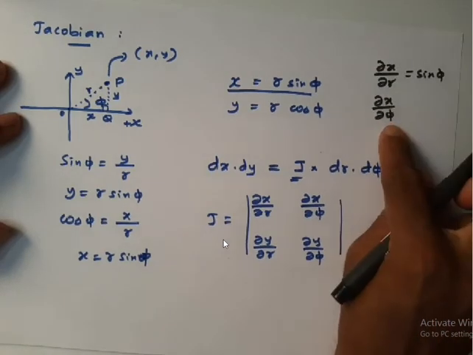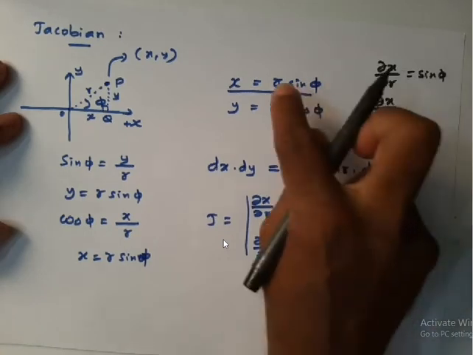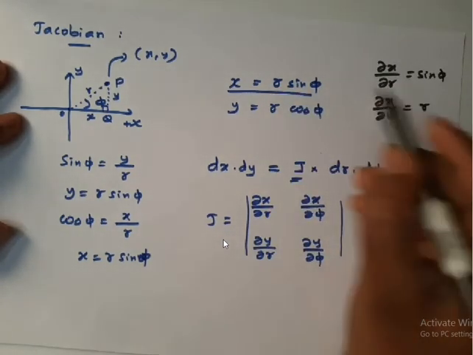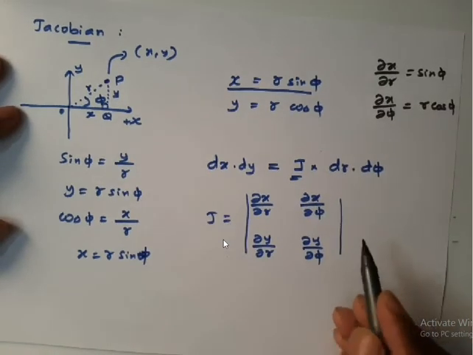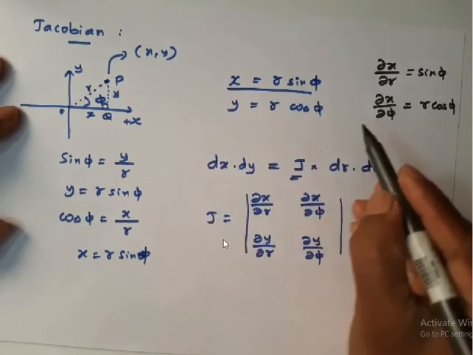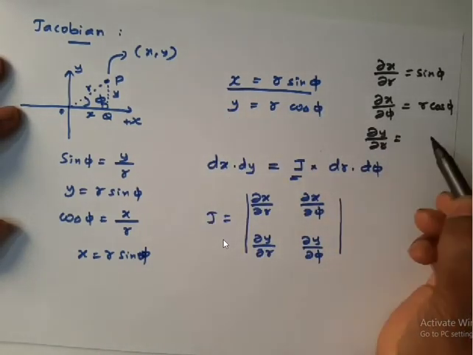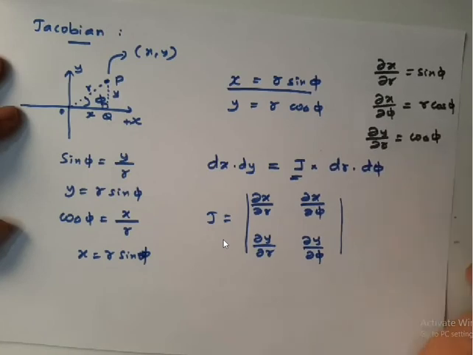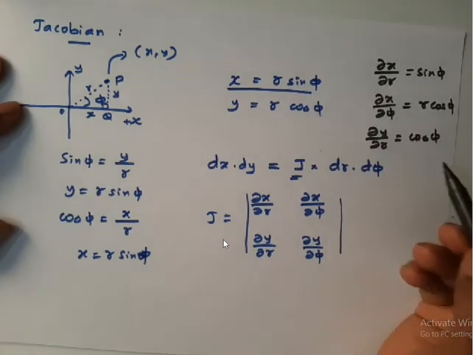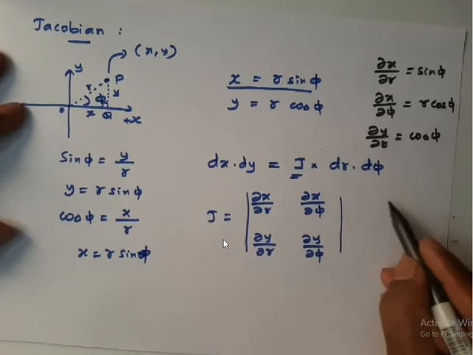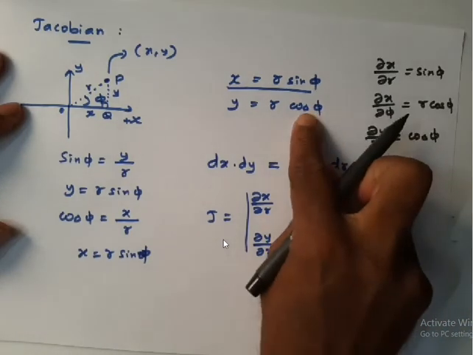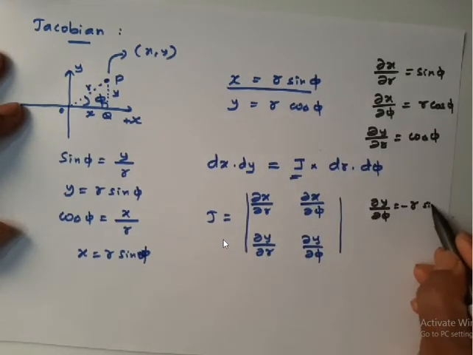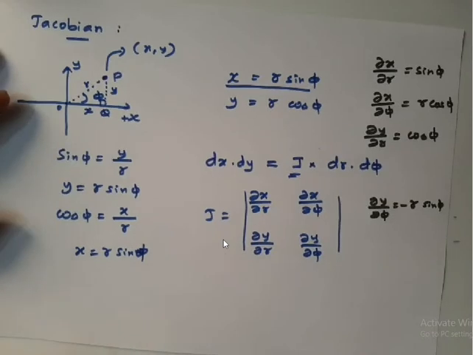While differentiating with respect to phi, keep r as constant, and sin phi, if you differentiate, you will get cos phi. Similarly, we'll differentiate y. Dou y by dou r is cos phi, and dou y by dou phi equals r times cos phi differentiated, which gives minus sin phi. So dou y by dou phi equals minus r sin phi.